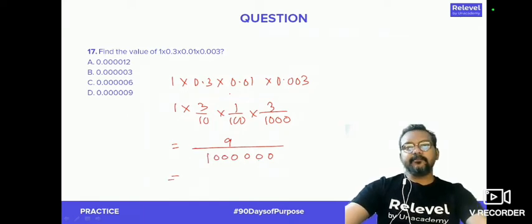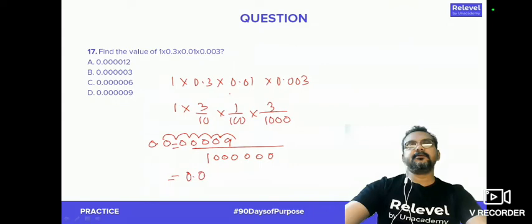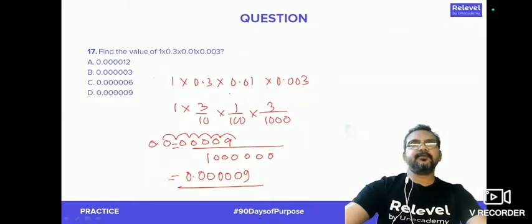So if I now start shifting, I have to do 1, 2, 3, 4, 5, 6 zeros. So 0.000009, with 5 zeros at the end. So option D.